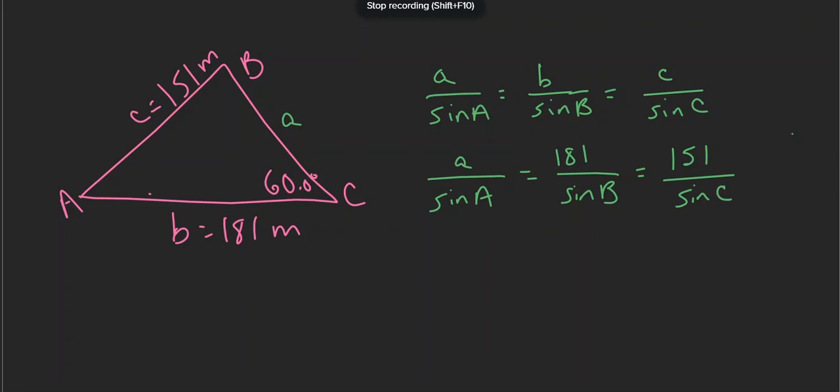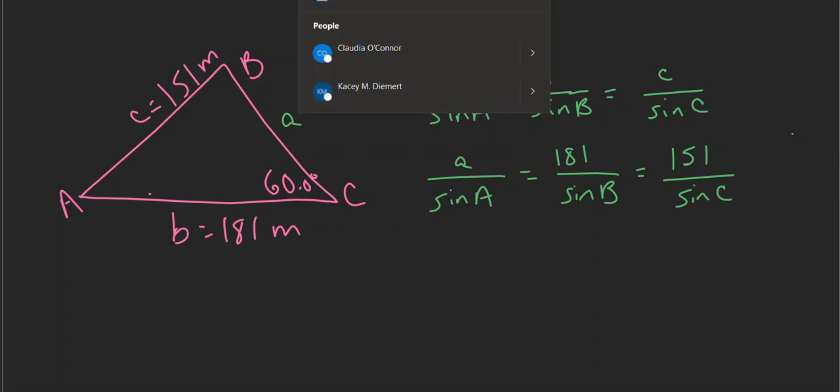Okay, so for us to solve, we're going to do the cross multiplication. Why did I not put in angle C?